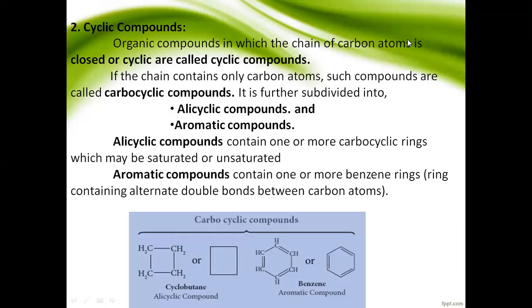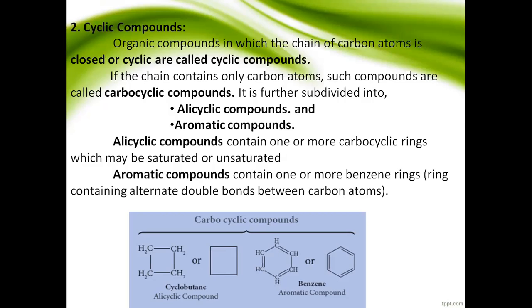The next one is cyclic compounds. Organic compounds in which the chain of carbon atoms is closed or cyclic are called cyclic compounds. For example, the carbon compounds form a triangle, pentagon, rectangle, any closed shapes. This form of chain is called closed or cyclic compounds.